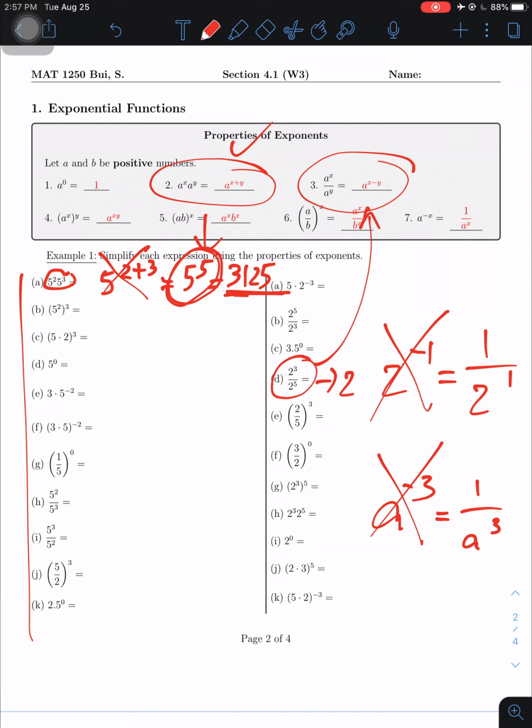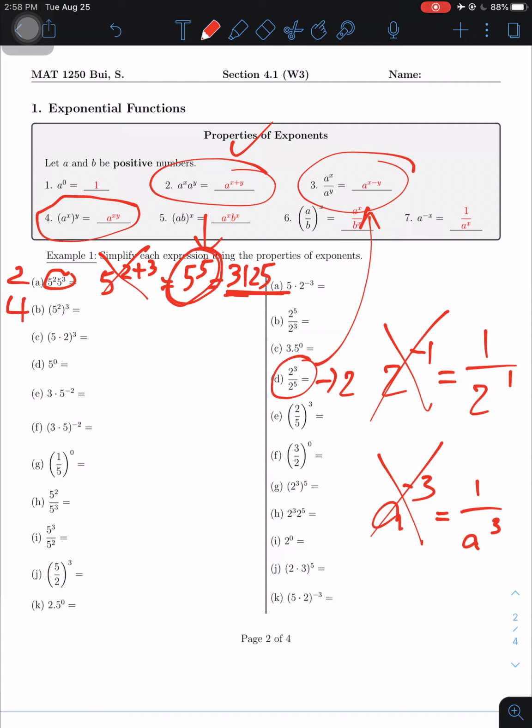I know the answer already by plugging everything into the calculator, but I need your work. This is the work, okay? For part B, we're going to use number 4. Let me write out the property that I use in here, just as a reference, just in case you want to look back at these. So for part A, I use property 2. And for part B, I use property 4.